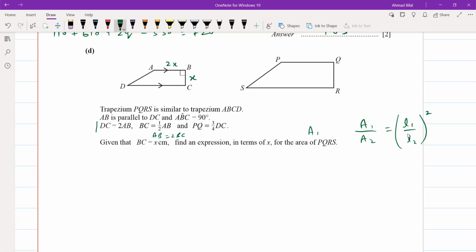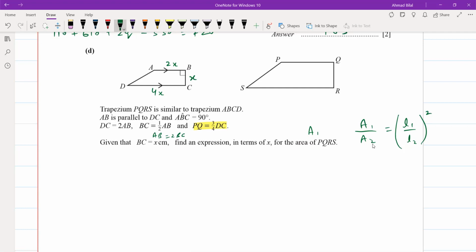अच्छा फिर उसने ये भी कहा DC is 2 times AB. What does that mean? That means DC is 2 into 2x and becomes 4x. ये हमारे पास लेंथ आ गई, राइट? सो 4x आ गया हमारे पास इधर. अच्छा एक इंफॉर्मेशन जो अभी तक हमने नहीं यूज की है, that's this one. PQ is 3/4 times DC. So let's do that.